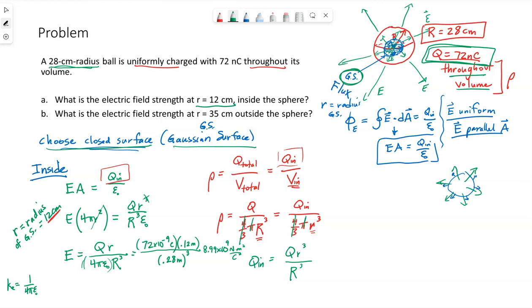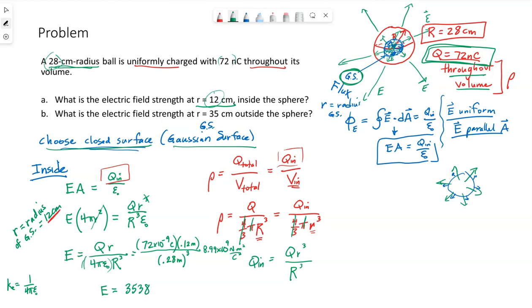So let me go ahead and calculate this. Plugging these all in, I am getting 3538 and point stuff. But revisiting the problem, we're given 28, 72, 12.